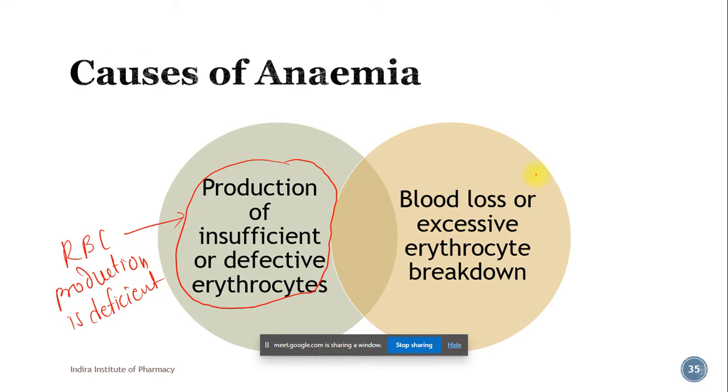The second cause of anemia is blood loss or excessive erythrocyte breakdown. That means either there will be hemorrhage, an alternative term for blood loss, or excessive erythrocyte breakdown, where erythrocytes are present with a normal amount of hemoglobin, but their breakdown rate is more.